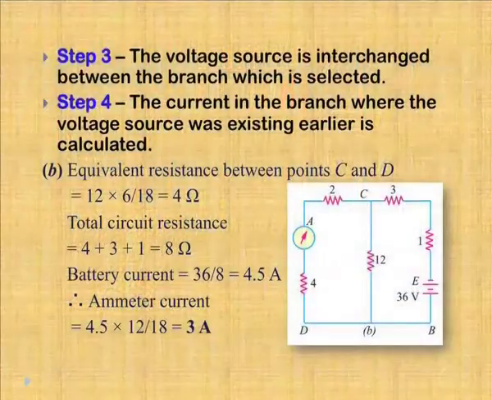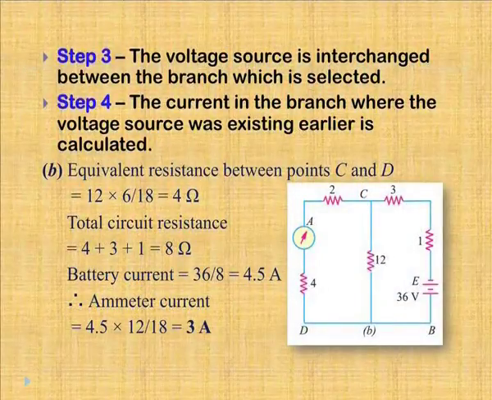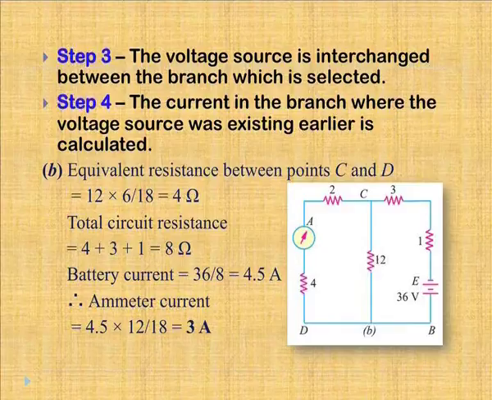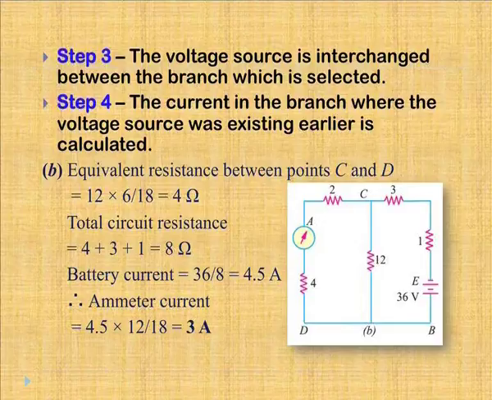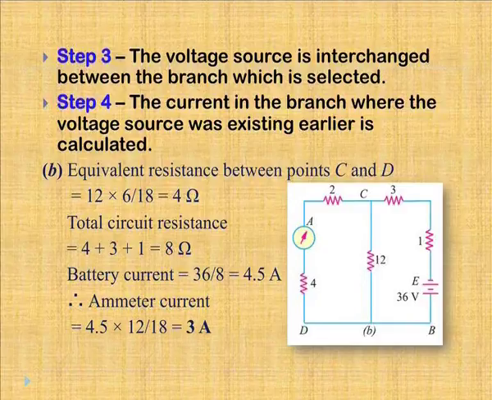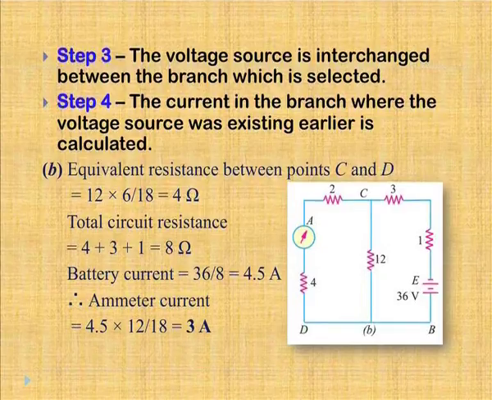Now, we will interchange the meter and the voltage source, that means the ammeter comes at position A and the voltage source goes to position B, and then we will find the current again in this situation. So, again calculating the current by simply using Kirchhoff's law, we get 3 ampere again.